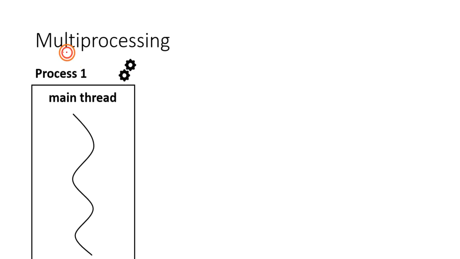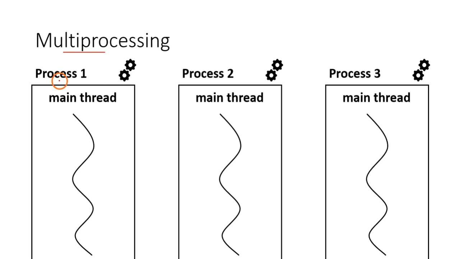Now there is something called multiprocessing. What does multiprocessing mean? Whenever you are executing multiple processes like this, so in this example there are three processes running on your system. If you are running multiple processes simultaneously, that is called multiprocessing. For example, this is MS Word.